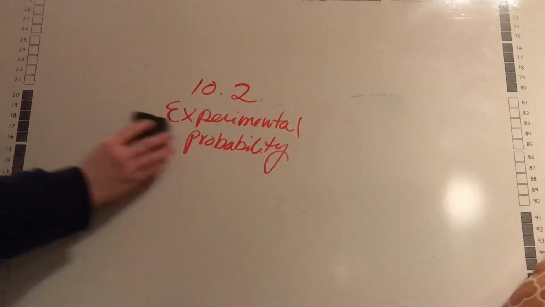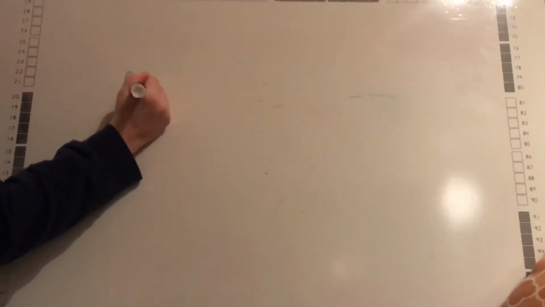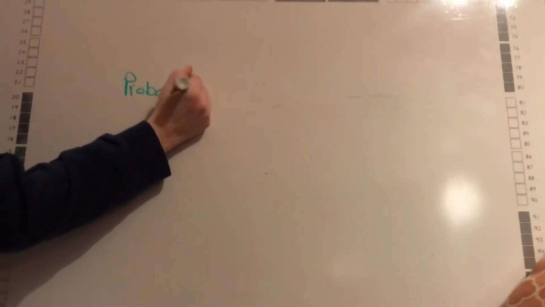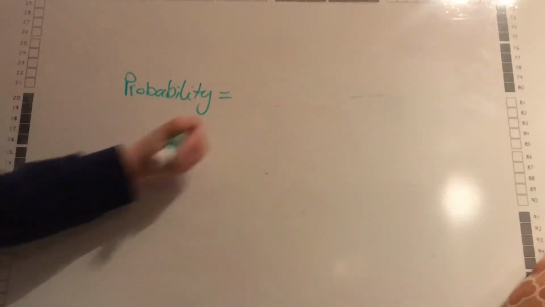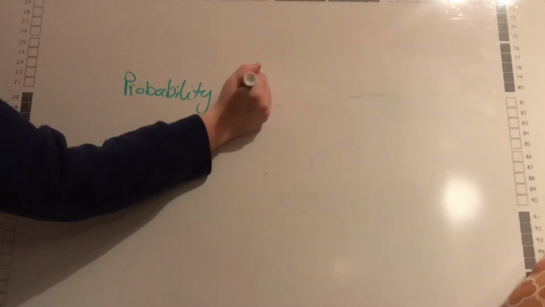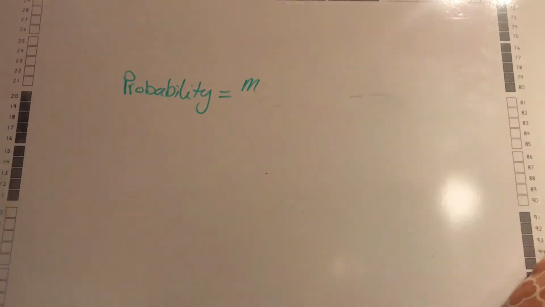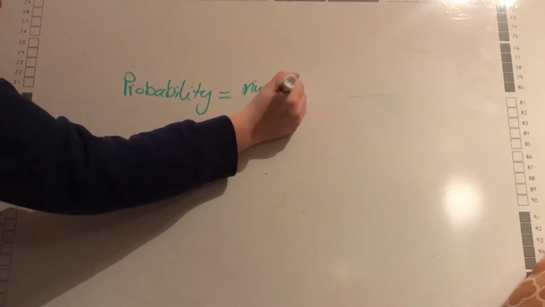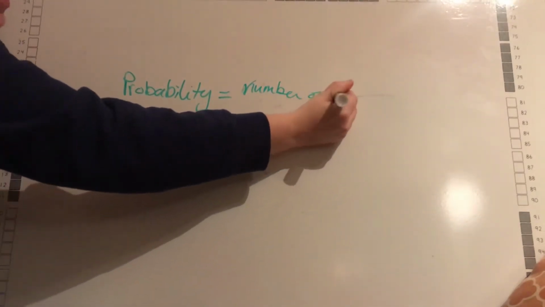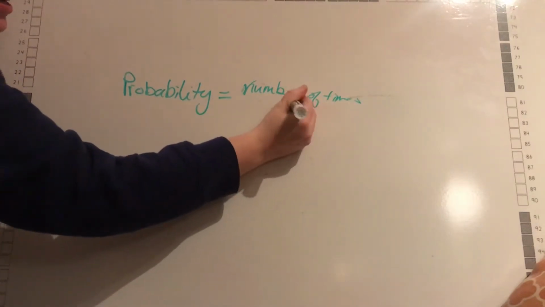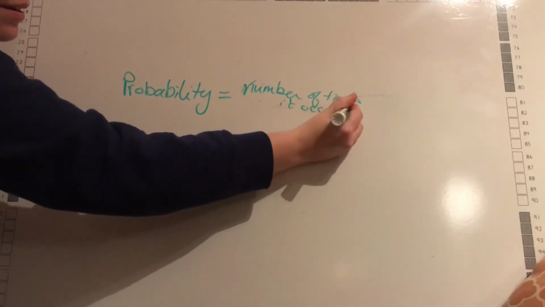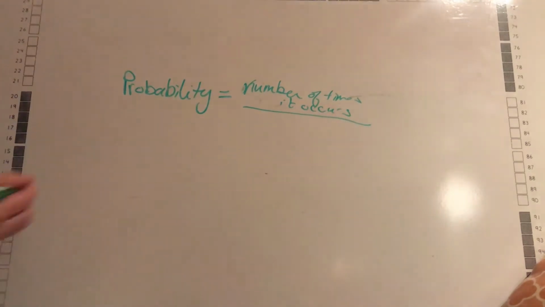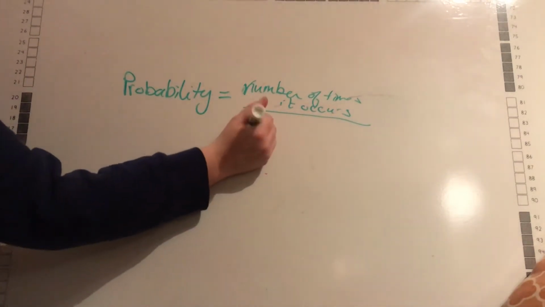So you have a formula for this: the probability, P, equals the number of times it occurs over the total number of tries.